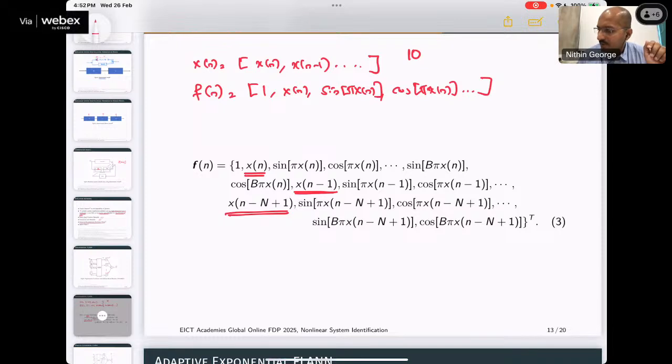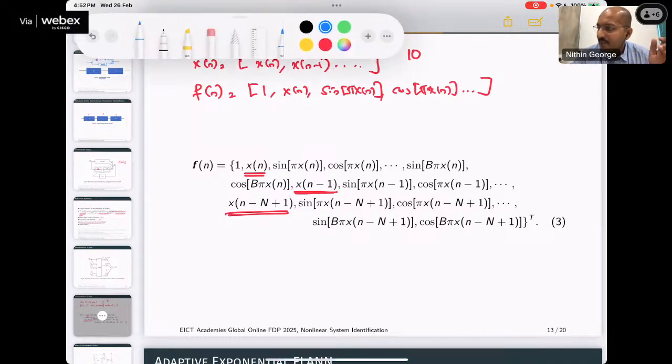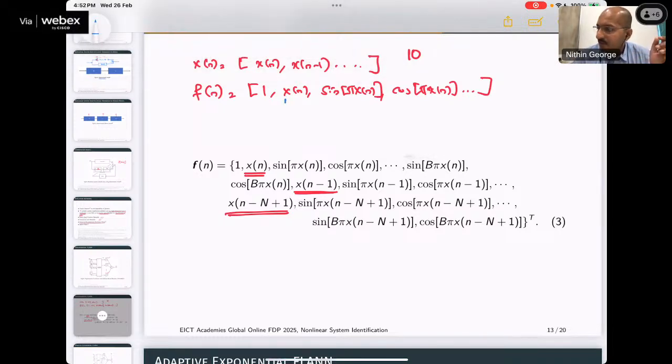Now after the expansion, this is of size 10, this is also of size 10, this is also of size 10, and this is 1. So a 10 dimensional problem has now become a 31 dimensional problem.